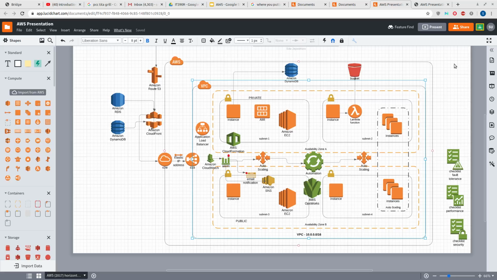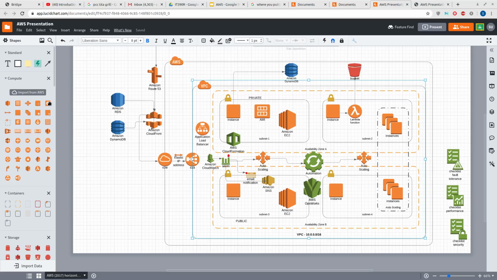And beside that, we have these billings for the company to pay for the services that we are getting from the Amazon services.